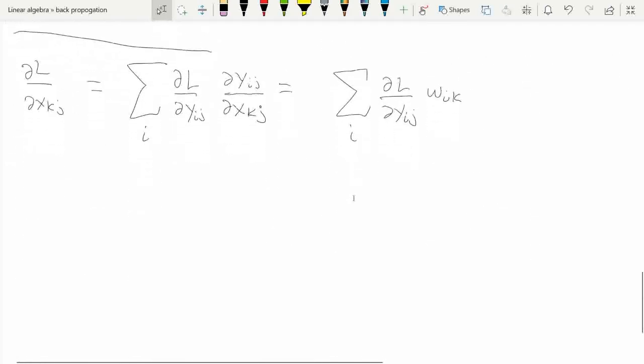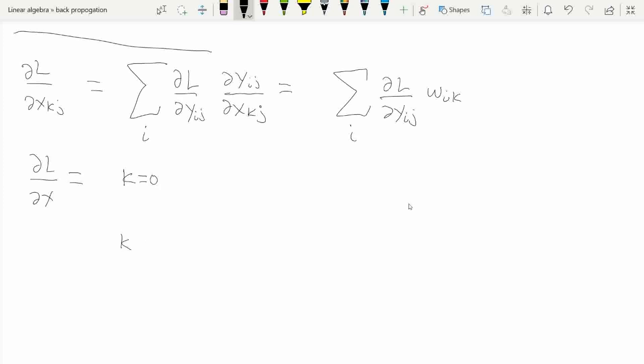So again, if we write out the matrix for del L by del x, then we're going to find that, the first row k is equal to 0, second row k is equal to what?